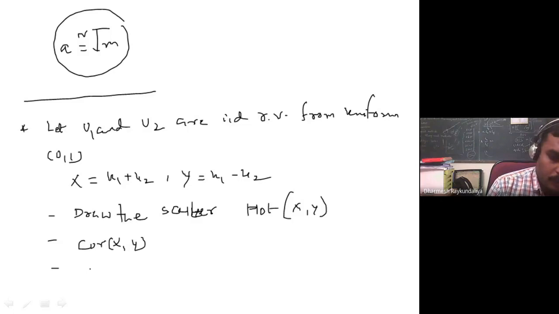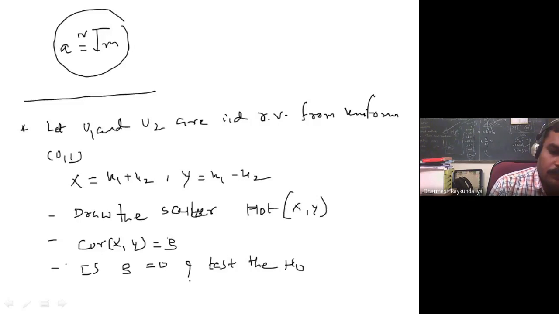The third test is: we call it rho, is rho equal to 0? Test the hypothesis at 5% level of significance.